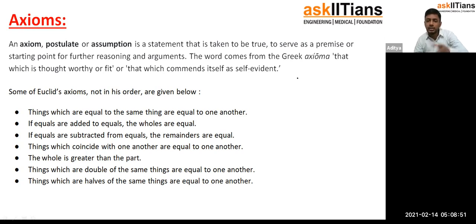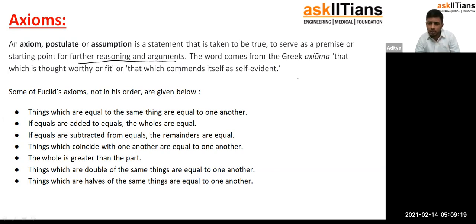So basically, these axioms and postulates serve as a foundation to develop the entire geometry, including congruence, similarity, trigonometry, circle geometry. Anything at all that we develop further is completely based on these axioms and postulates. So that's what we mean by further reasoning and arguments to develop the branch of geometry, right?